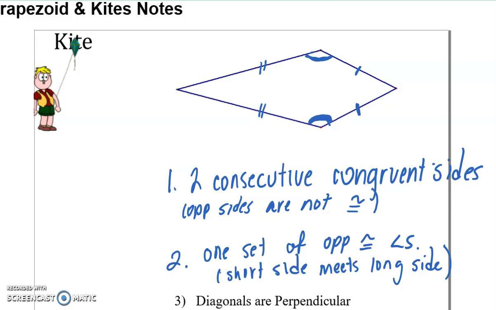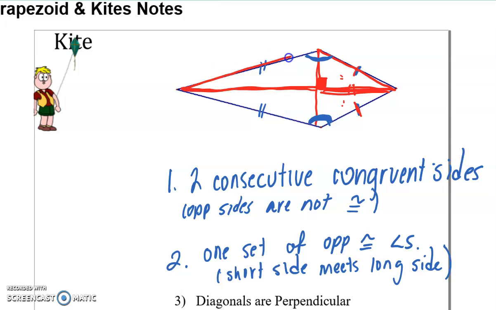And the third property, which is already written on our paper, is that the diagonals in a kite are perpendicular, which is very similar to a rhombus. And what happens here is you'll see this right triangle, which has this tick mark and this tick mark, and because they share this piece, these two triangles are congruent by hypotenuse leg.